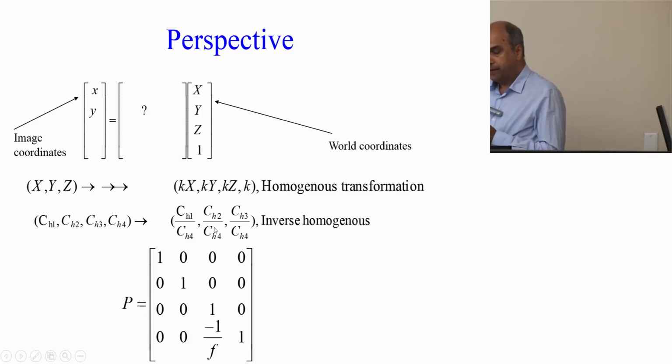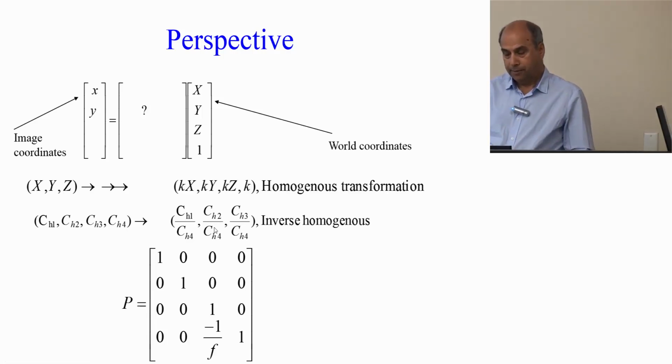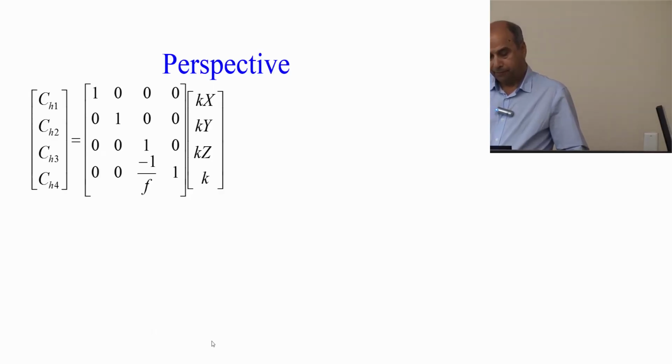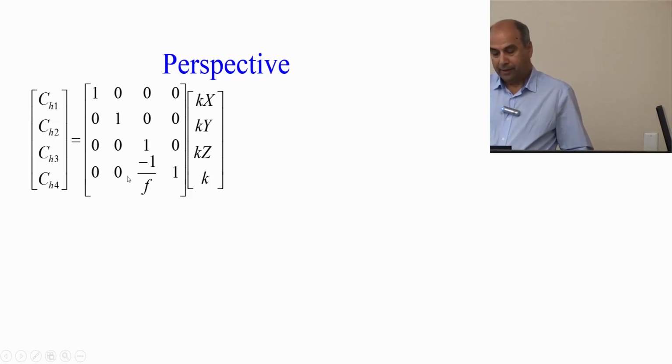So if you do that, then the perspective transformation or projection will have this matrix, which has the focal length. As you saw, the perspective transformation equation has a focal length there, and this is what we get, and you can verify that. So if this is our perspective matrix, then we take the world point x, y, z, convert it into homogeneous coordinates like this, and we get the homogeneous coordinates in the image plane, which is shown here.